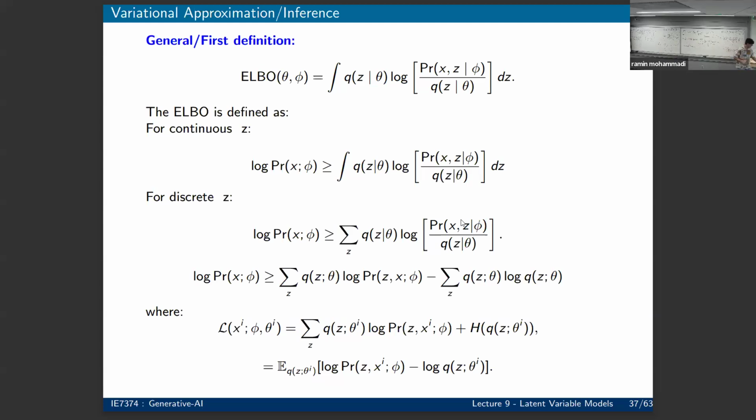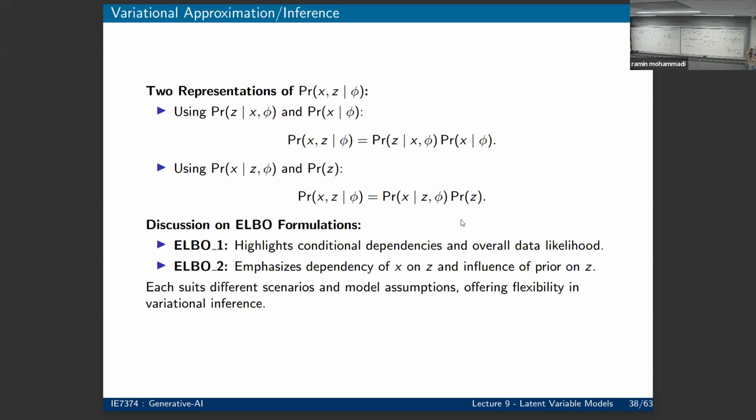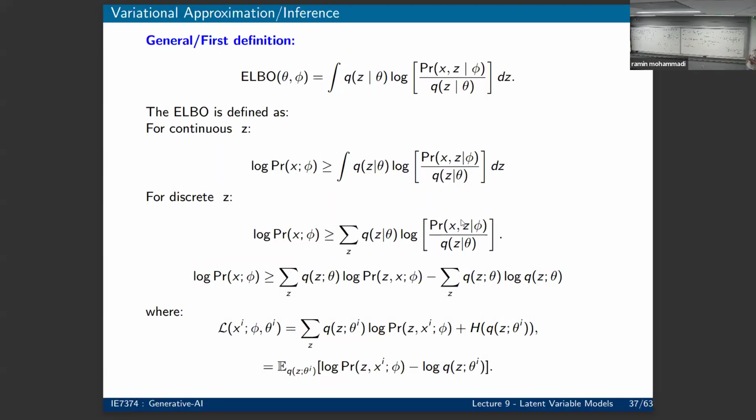So this is the general form. It's not the one that we use in practice. That basically comes to the other version. Actually, I think there was one line that I didn't go over.